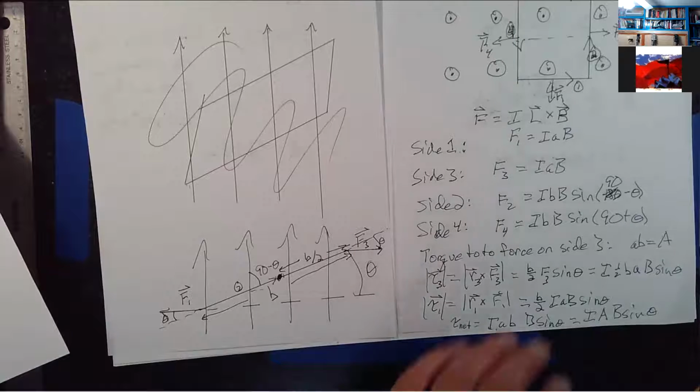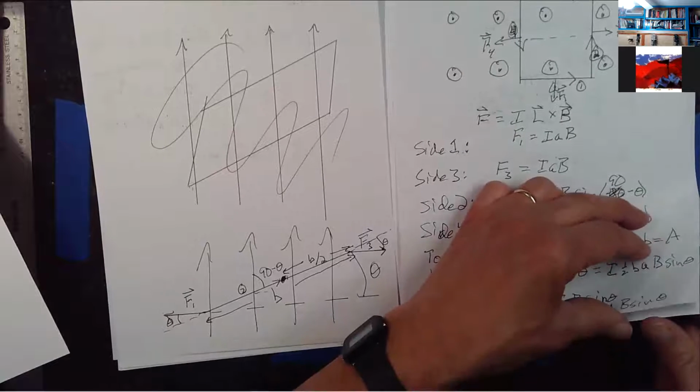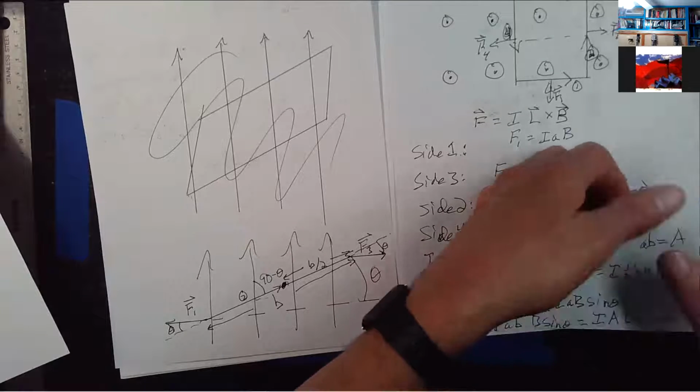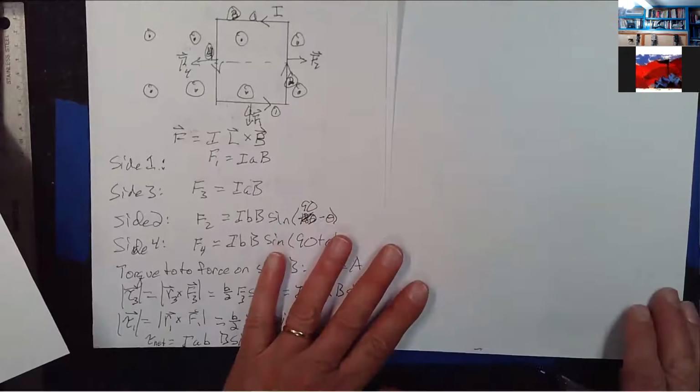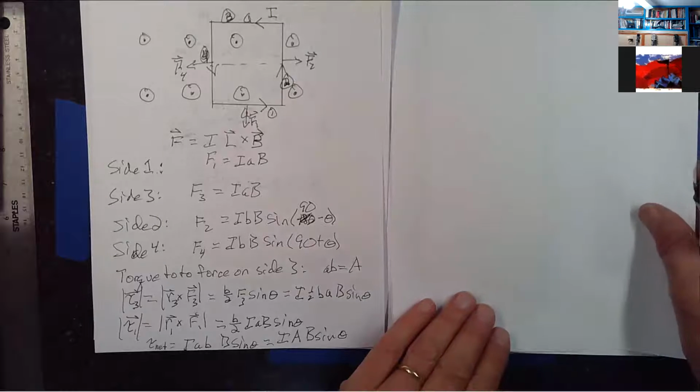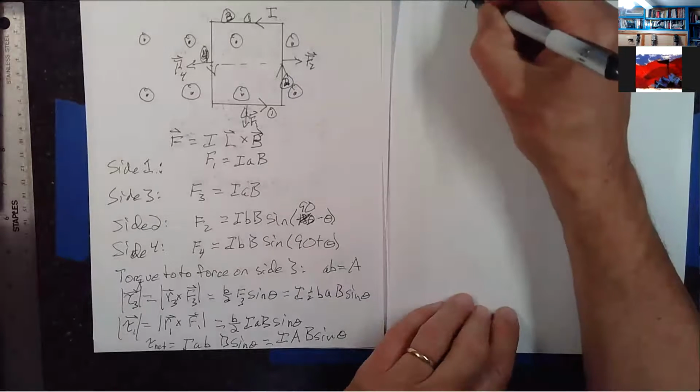Because that's the case, we tend to talk about something called a magnetic moment. A magnetic moment is something that, for a current loop, just for simplicity, we define it to be something.